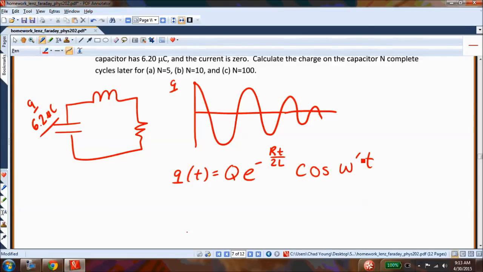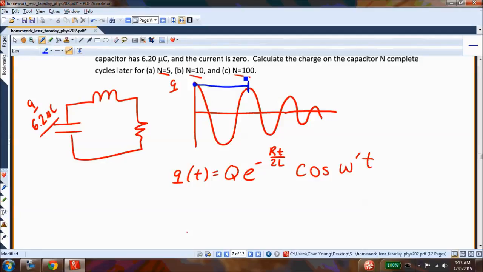Now, if I think about the period of this oscillation, because I'm looking at these particular intervals, 5 periods, 10 periods, and 100 periods, that's going to occur. This is my 0th. 1 period is this time. So what I'm looking for is 5 times that time. So first I need to figure out what that time is, and then I can determine the times.